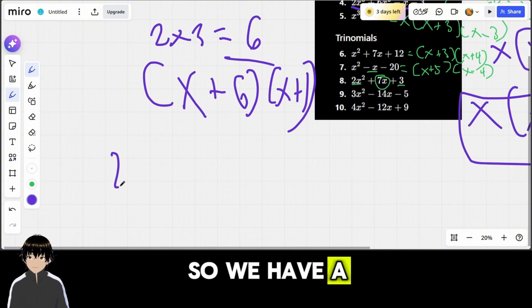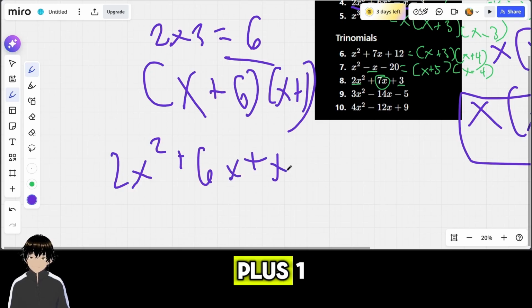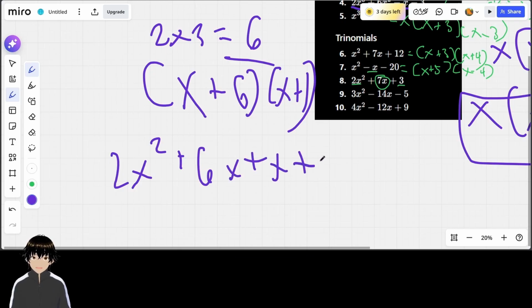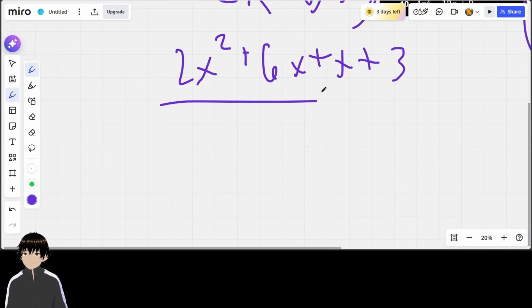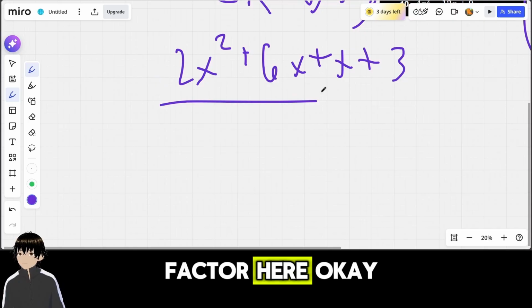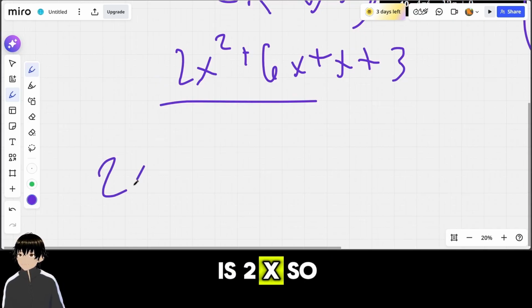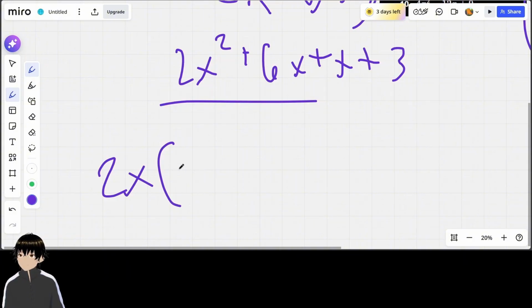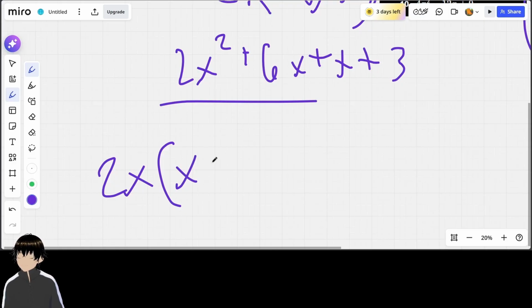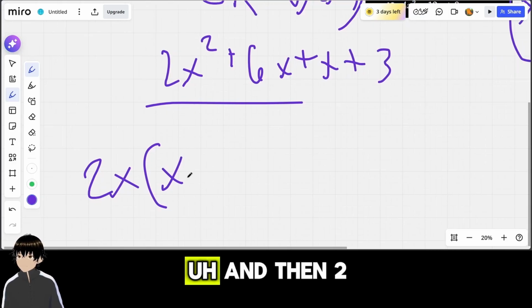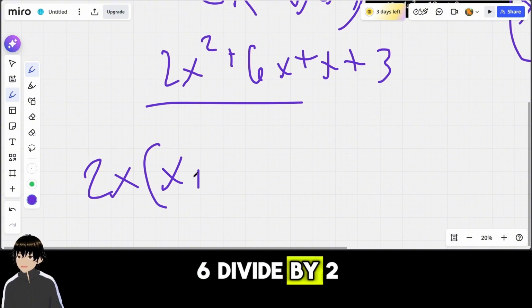So we have 2x squared plus 6x plus x plus 3. You can just factor through grouping. The greatest common factor here is 2x. So you have 2x here, and if you just get x, then 2x multiplied by 3, since 6 divided by 2 is 3.